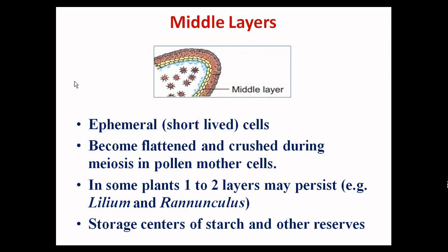The middle layer is generally 2 to 3 layers thick, but in some plants 1 or 2 layers of the middle layers may persist, for example in Lilium and Ranunculus. Persist means they remain for life. The cells of the middle layers are also the storage centers of starch and other reserves.